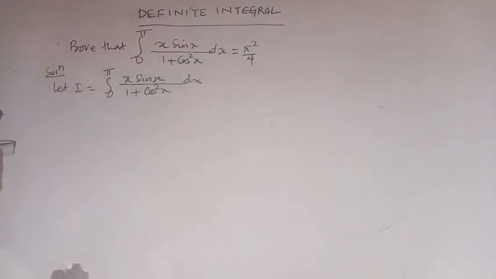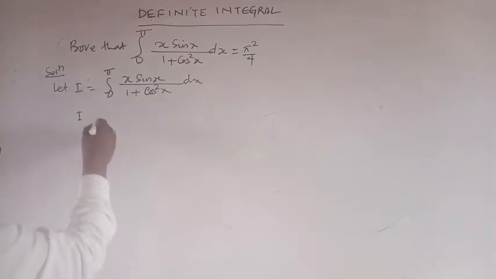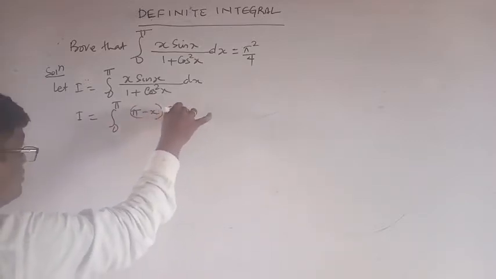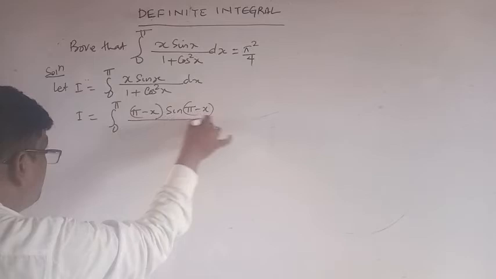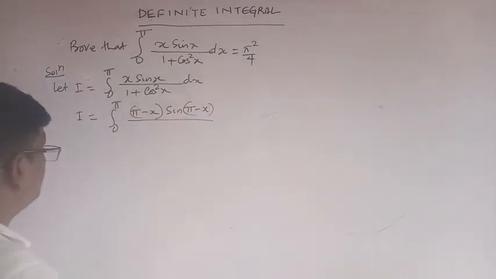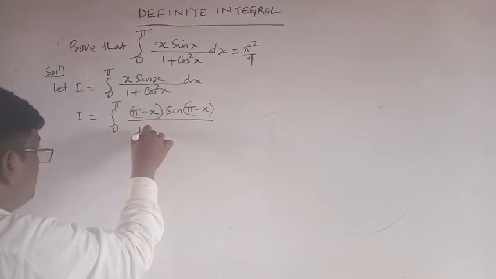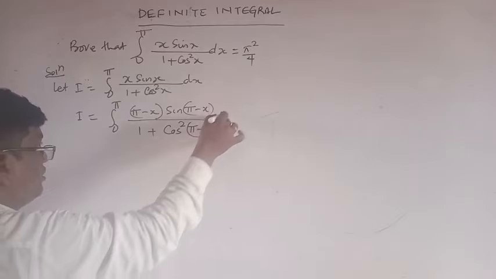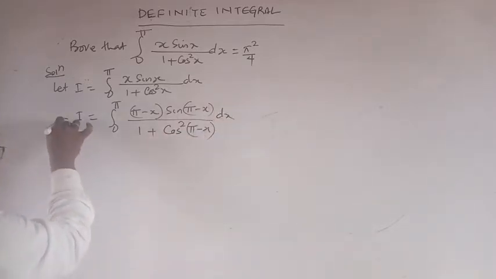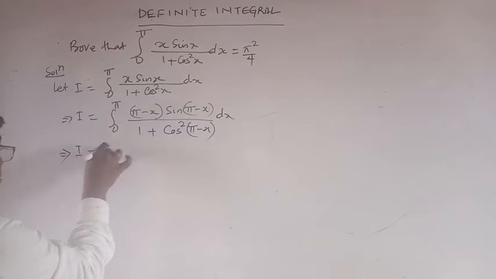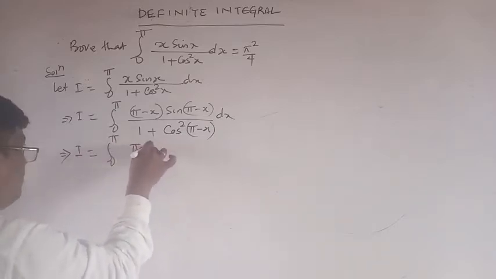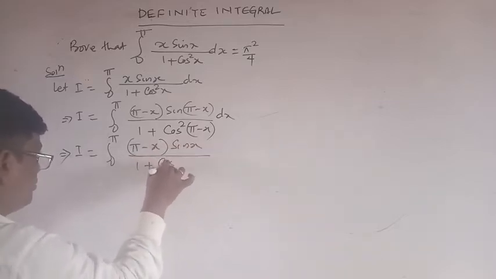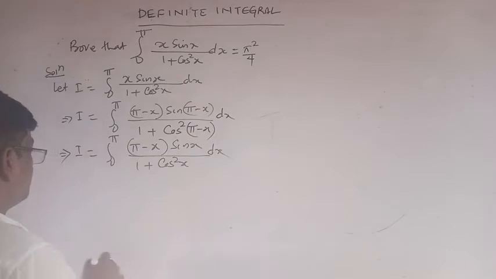Apply property number 5, that is the a minus x property. Integral 0 to pi, pi minus x into sin of pi minus x divided by 1 plus cos square of pi minus x dx. So that implies I is equal to integral 0 to pi, pi minus x into sin x divided by 1 plus cos square x dx.